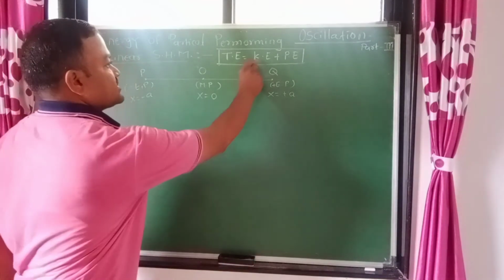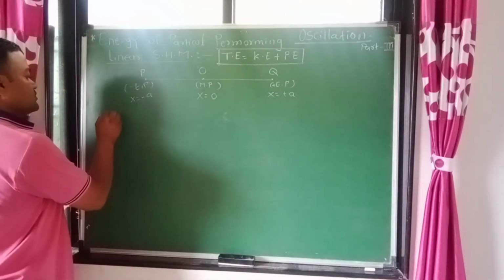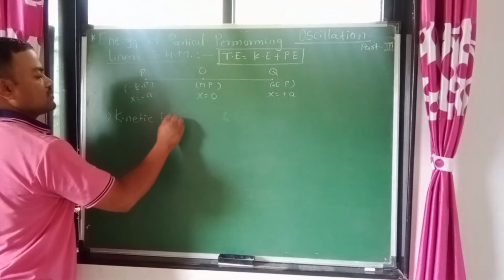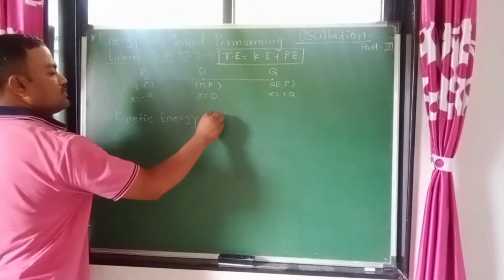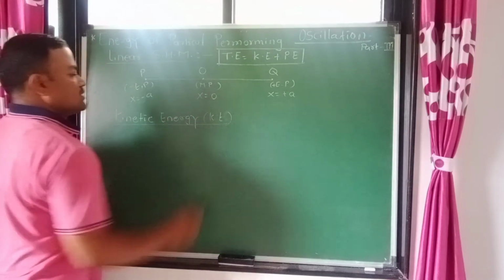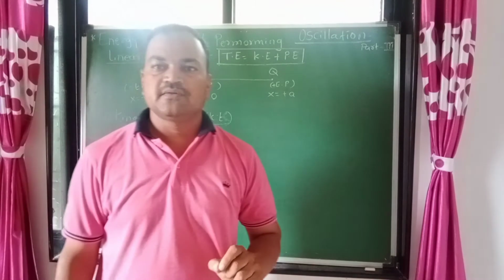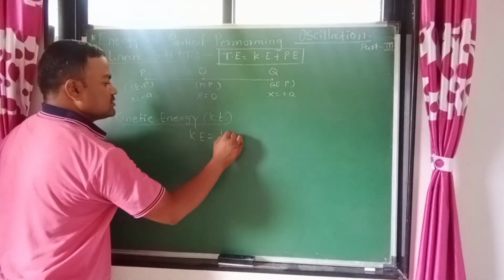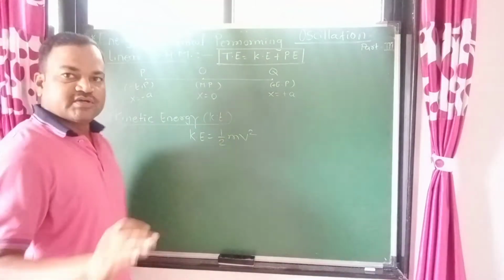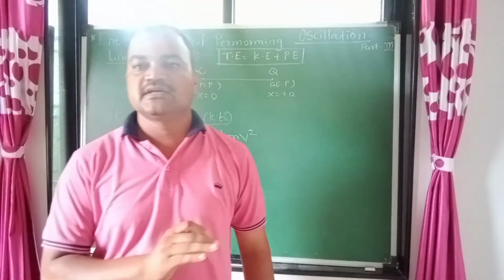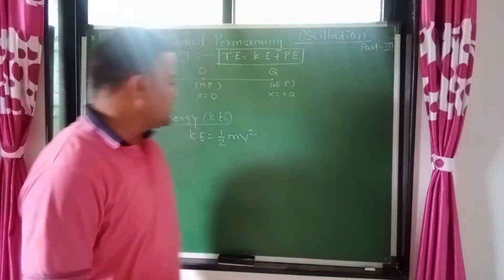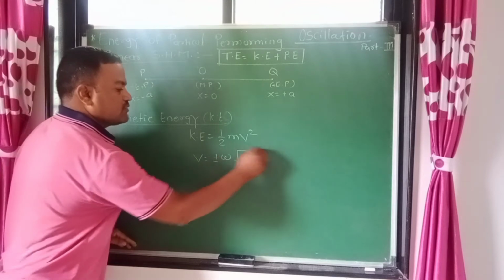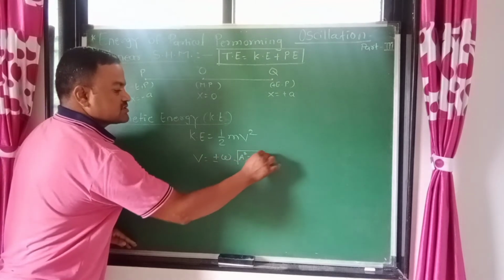It is a simple derivation of the kinetic energy. So first we see the kinetic energy. We know that the general formula for kinetic energy is 1/2 mv². But we already saw in the previous article the velocity of a particle performing linear SHM: v is equal to plus minus omega square root of (a² minus x²).